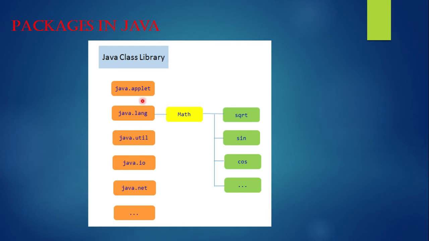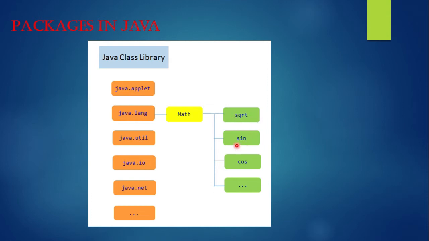We want to study the math class, which is available in the java.lang package. In this class a lot of methods are available, and these methods we are going to study.